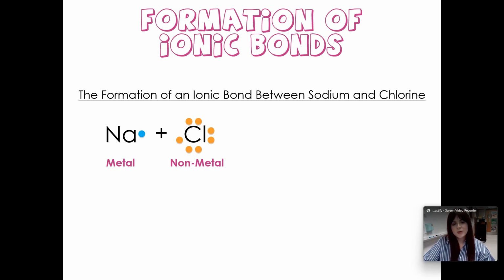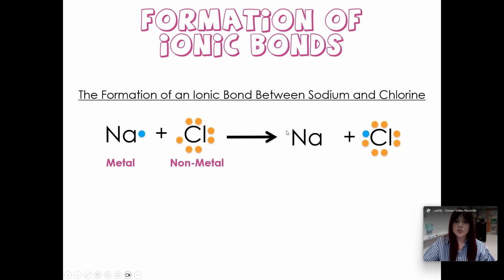So what's going to happen is that very electronegative nonmetal, that chlorine, is going to steal the electron from sodium, just like that, because now chlorine has 8 valence electrons in its outermost shell, and so does sodium. So sodium, even though there's no electrons here, we have to remember that the shell beneath it is totally filled.